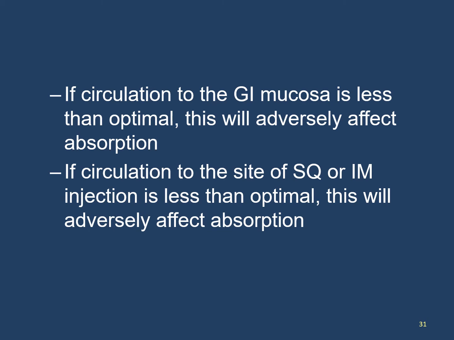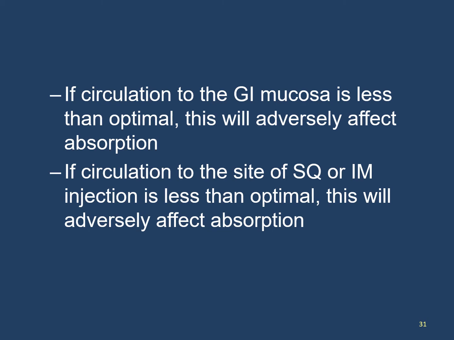Absorption, distribution, GI motility, drugs that impact GI motility, drug-drug interactions that occur in the gut, things that occur in serum like protein binding, and then of course the circulation to the area where you anticipate that the drug will be absorbed. All of these can have some impact on bioavailability, and they're not always so predictable. It's not always necessarily the way that you would think, like the little old lady versus the big strapping guy. So consider all of these as they impact bioavailability.